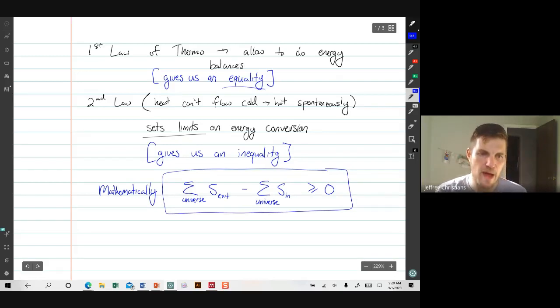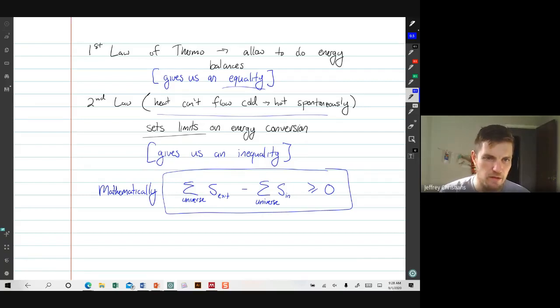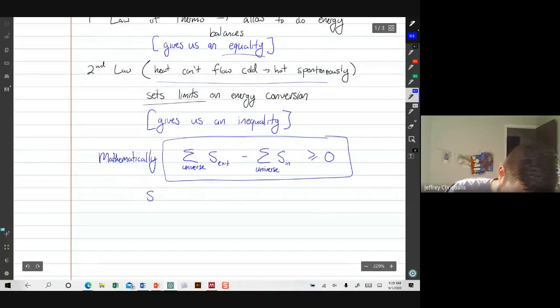So this is the mathematical statement of exactly this. Heat can't flow spontaneously from cold to hot. If heat did go from cold to hot, that would mean that this variable S must get bigger or at least stay the same. It can't get smaller. So S must increase.